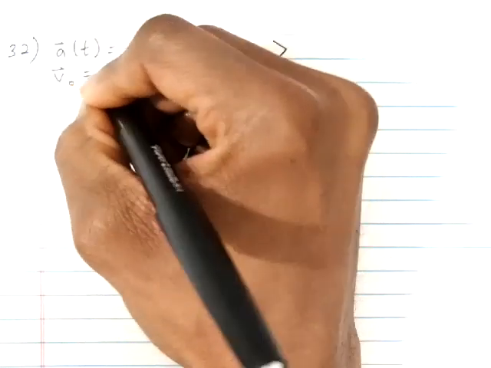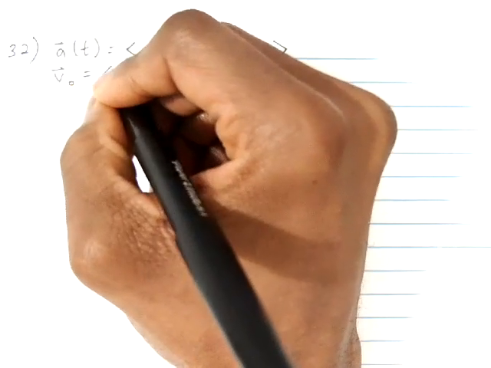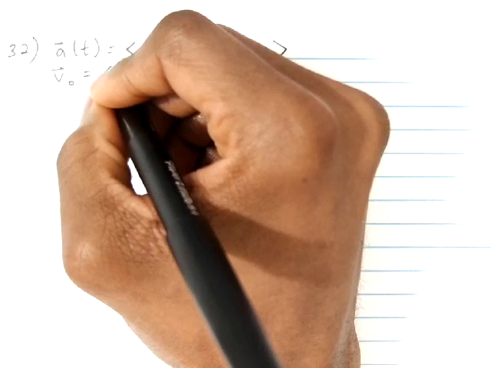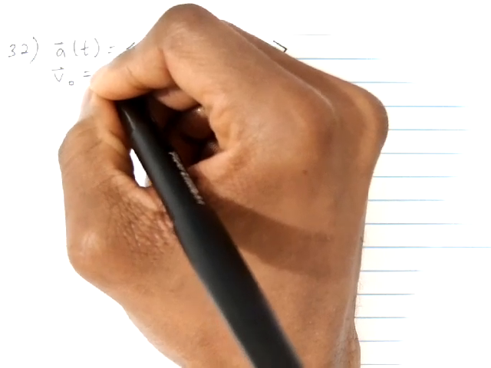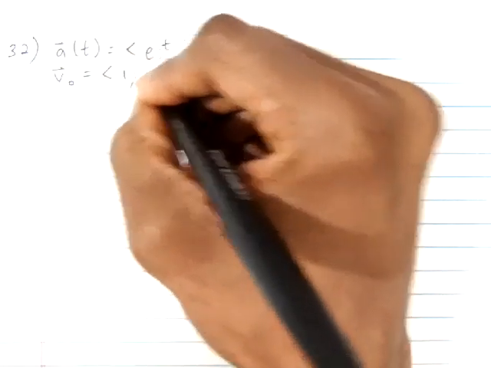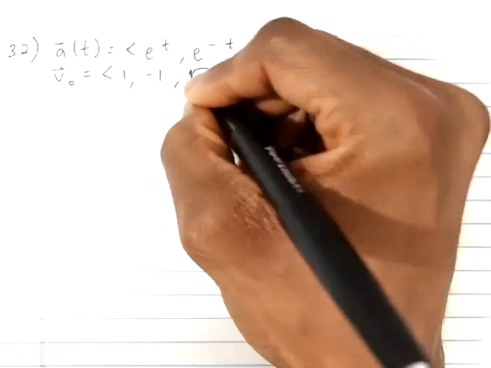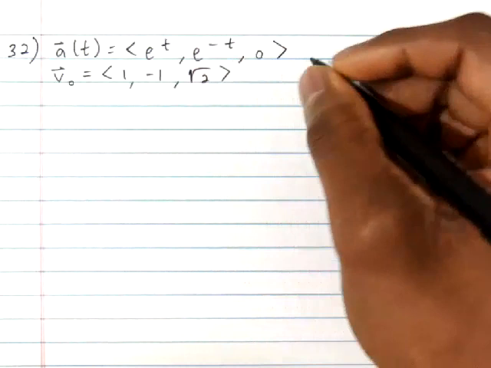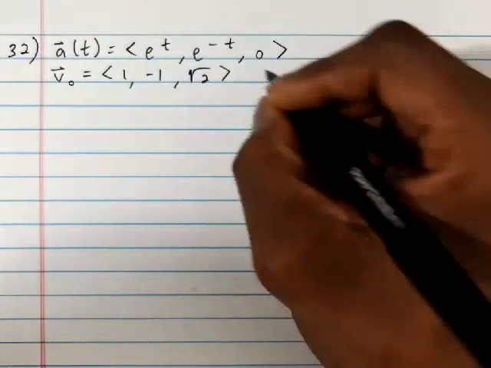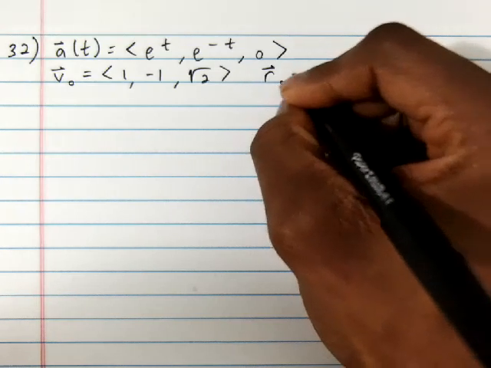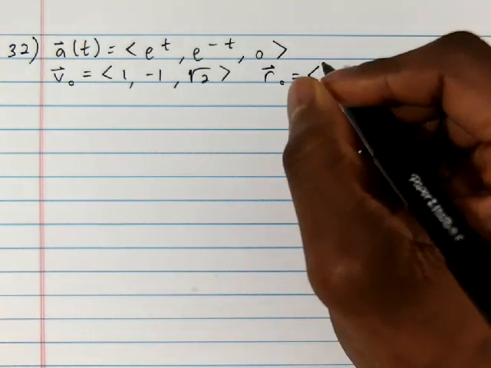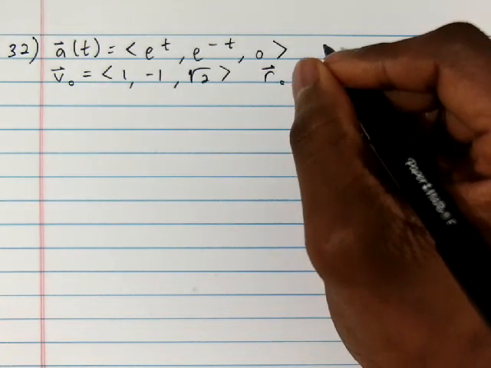They tell us v sub 0 equals the vector 1, negative 1, square root of 2. And they told us that the initial position, r sub 0, equals the vector 1, 1, 0.